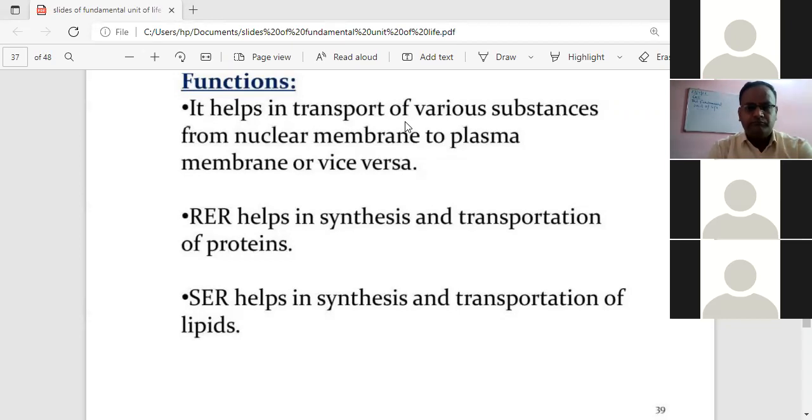It allows the transfer of material from one part to another part of the cell. Rough endoplasmic reticulum that is attached with ribosomes helps in protein synthesis, and smooth endoplasmic reticulum helps in fat synthesis. Okay, very good.